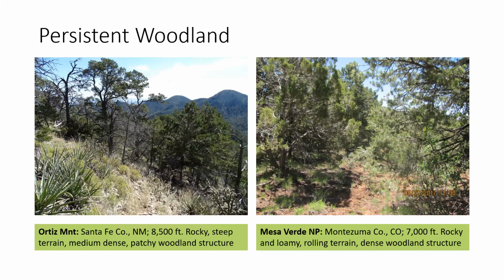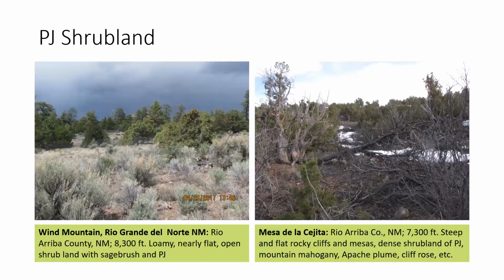For instance, at the Mesa National Park in Montezuma County, just across the border in Colorado. Also, this terrain is very rocky, somewhat with loamy depressions, rolling terrain, and a very dense woodland structure. Fire regimes there are measured to be between 400 and 800 years.